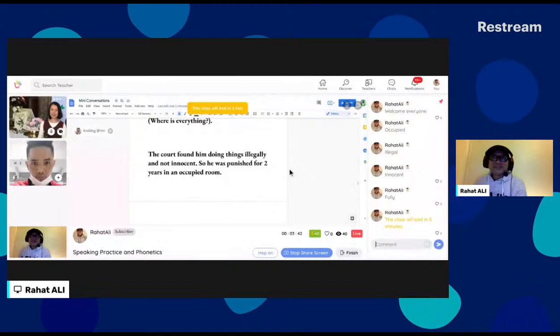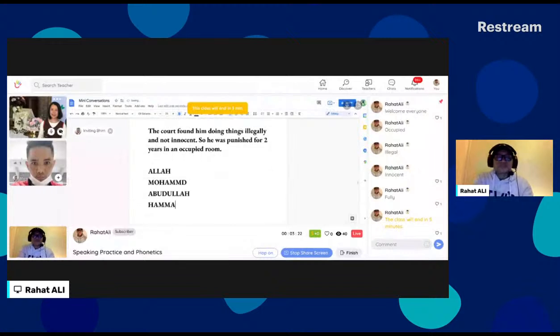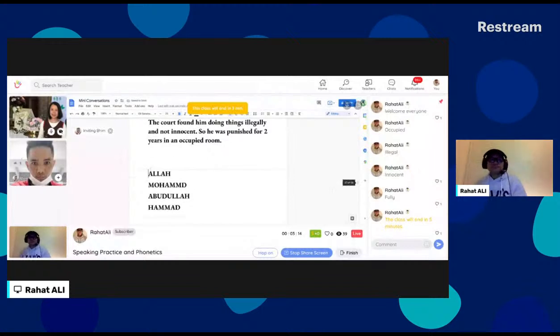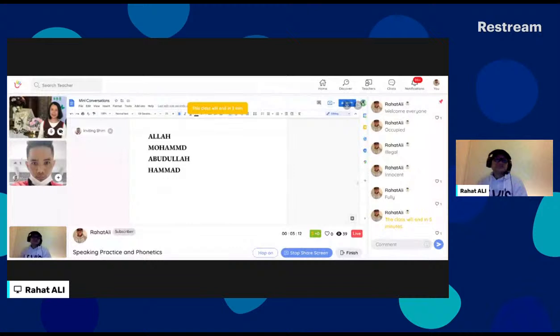So remember when we read, and now this is the amazing part. How are you going to pronounce these names? Allah, Muhammad.